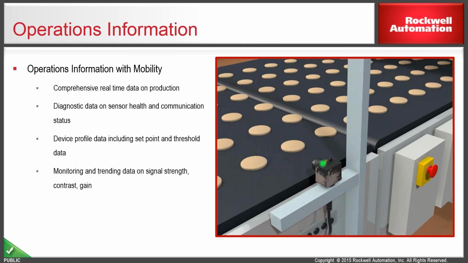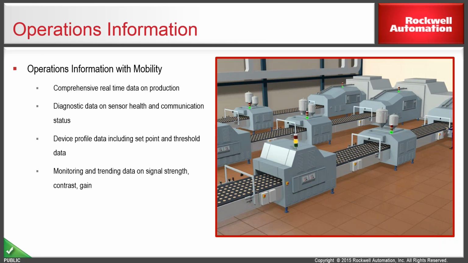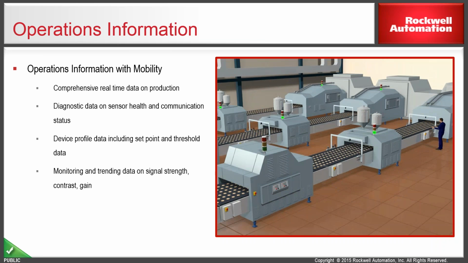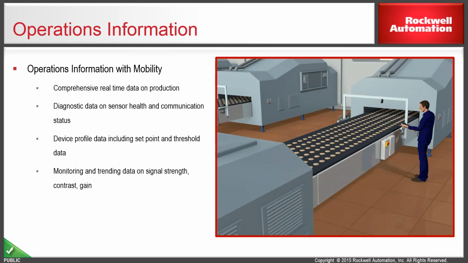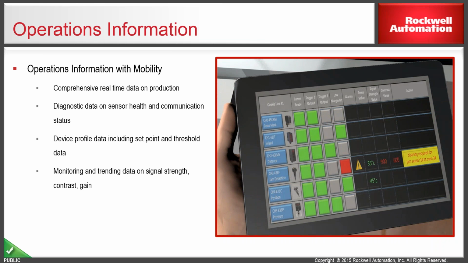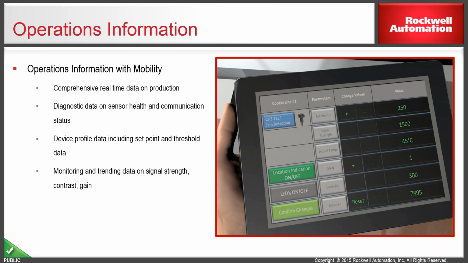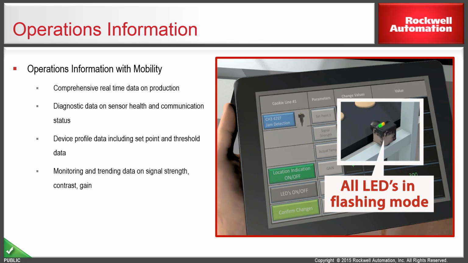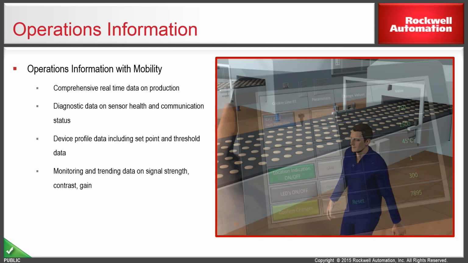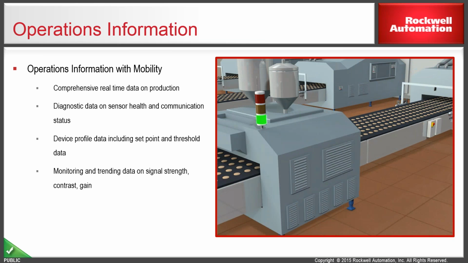In this application scenario, a smart sensor's performance begins to deteriorate over time due to a buildup of dust on the device's lens. The sensor's low margin issue is communicated to the operator's mobility device. The information supplied to the operator also includes the sensor's location on the line. The operator can additionally choose to activate a visual indication, continually flashing the affected sensor's LEDs.